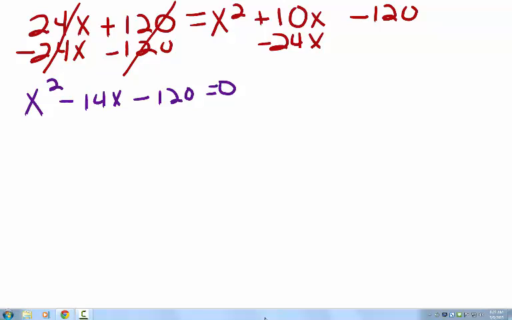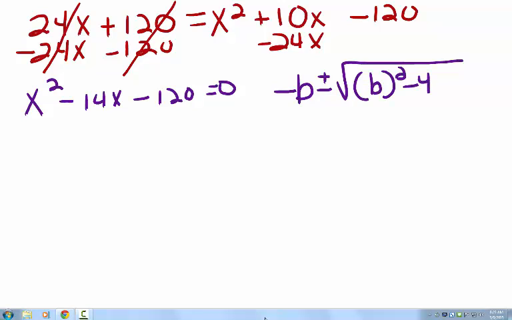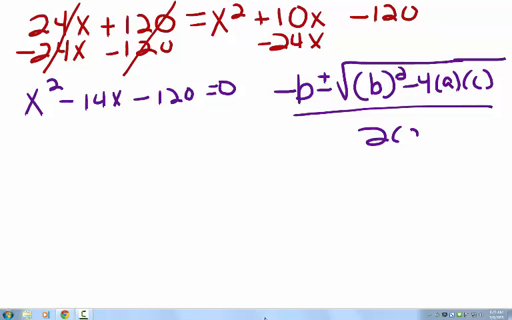To find our solution for X, we can use the quadratic formula. The quadratic formula is negative b plus or minus the square root of b squared minus 4 times a times c, all divided by 2 times a, where the lead coefficient is a, our coefficient for our second term is b, and our constant is c.